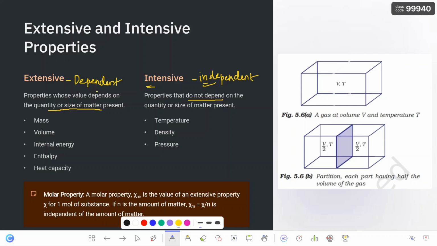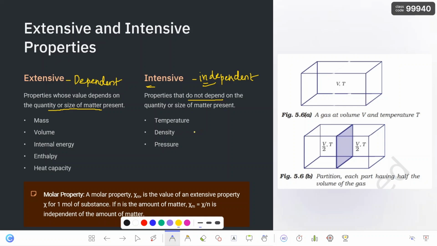For example, mass changes based on the quantity. Volume, internal energy, enthalpy and heat capacity are all extensive properties. Temperature won't change whether you take 1 mole, 2 moles or 3 moles. Temperature won't change with the quantity or size of the matter.